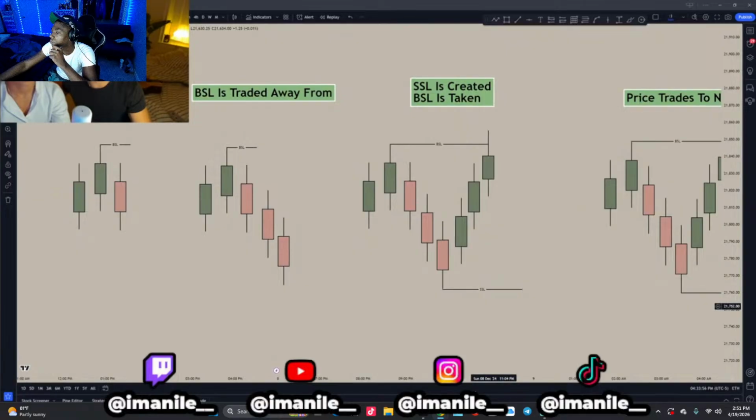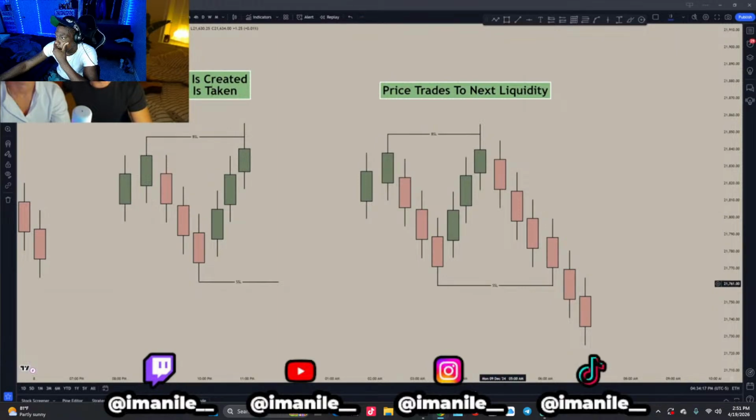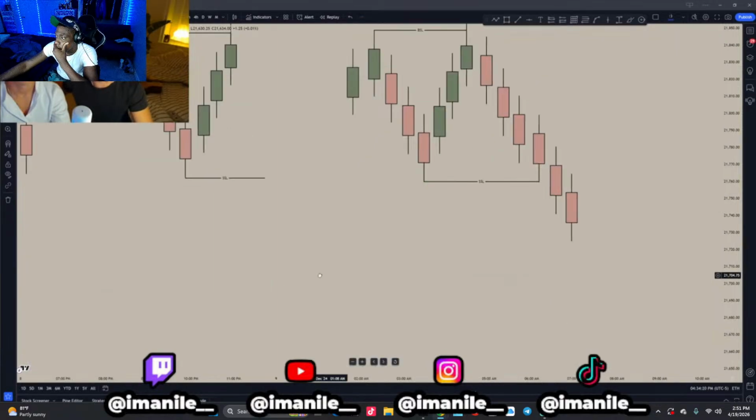And after the sell side liquidity is created, price goes ahead and takes out the buy side liquidity. So now we are stopping out all the people who were shorting the market, where buy stops are resting at this swing high. And finally, price trades now to the next liquidity, which is going to be that sell side liquidity we had created, or any other liquidity that is resting further down in the market.